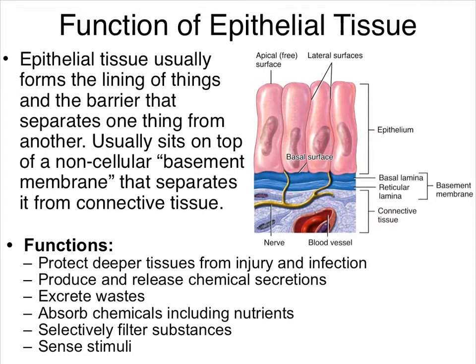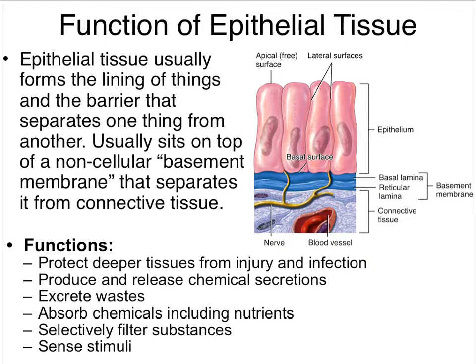Since epithelium is lining everything, for the most part, whenever your body excretes something, secretes it, or absorbs something, it does so through the epithelium. So, for instance, the epithelium in your intestinal tract is going to secrete digestive enzymes and absorb nutrients.